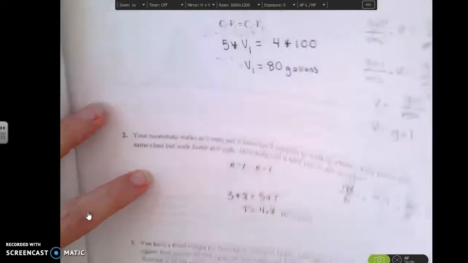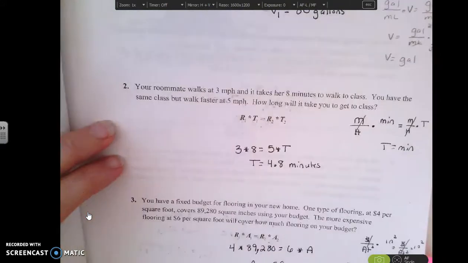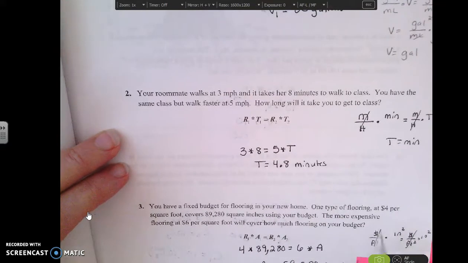Okay, so here's another one. You have a fixed budget for your flooring for your new house. So it's the rate, which is $4 per square foot, and the number of inches it covers is 89,280. And the more expensive flooring is $6 per square foot, and then you want to know the cost.